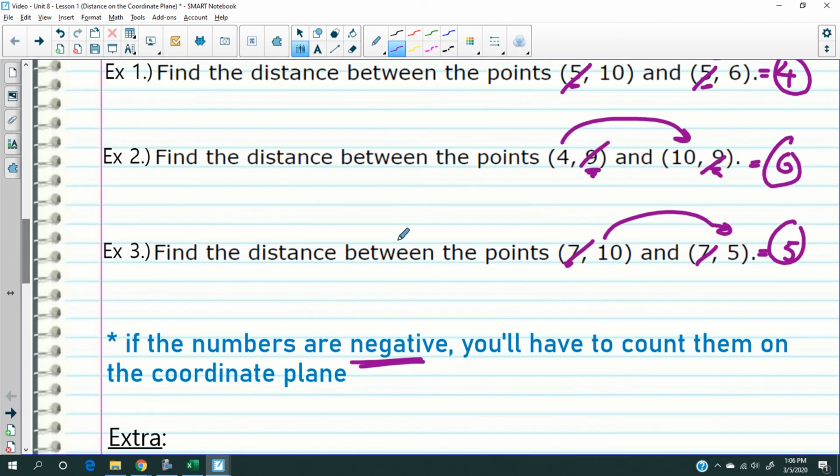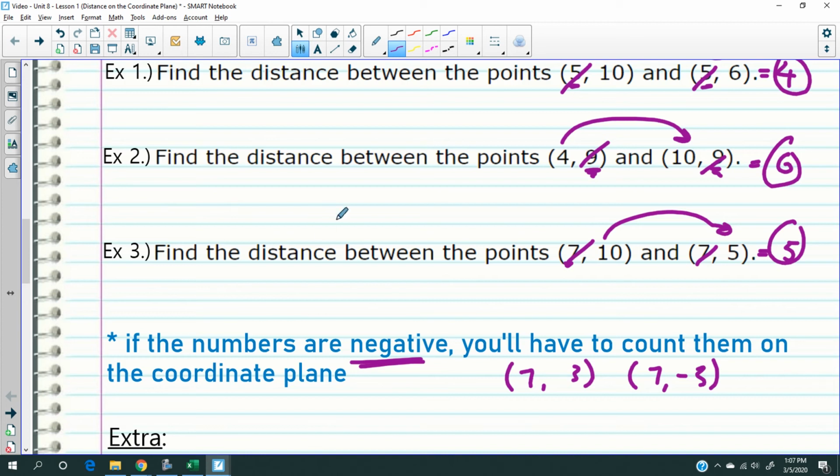The reason I say this is, if I were to ask you how far 7, 3 is from 7, negative 3, we just haven't touched integers yet, so you probably wouldn't know what to do here. But that's not something you have to worry about right now.